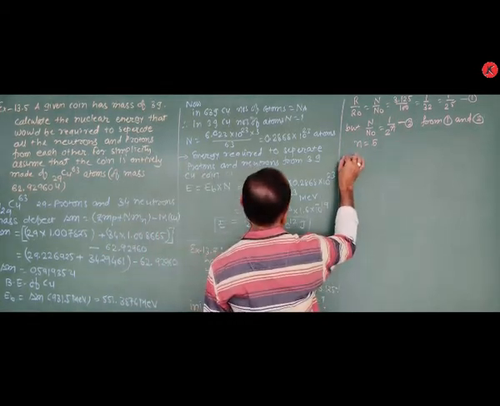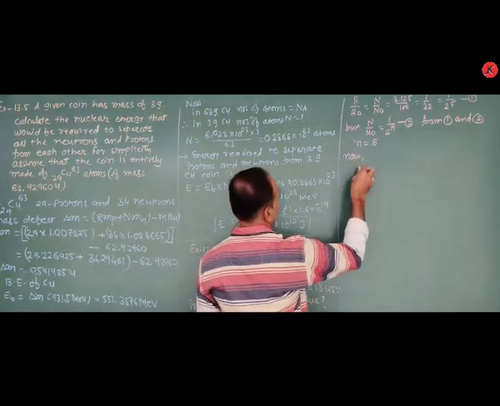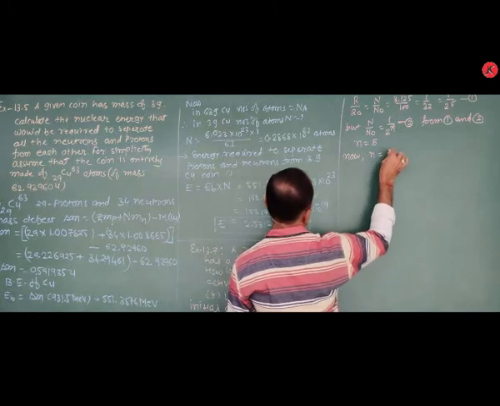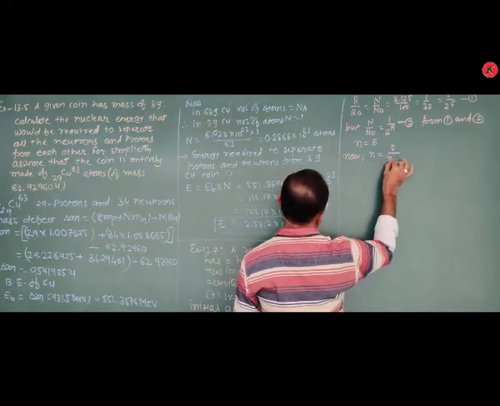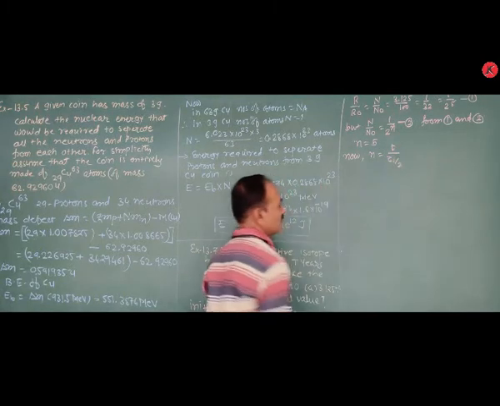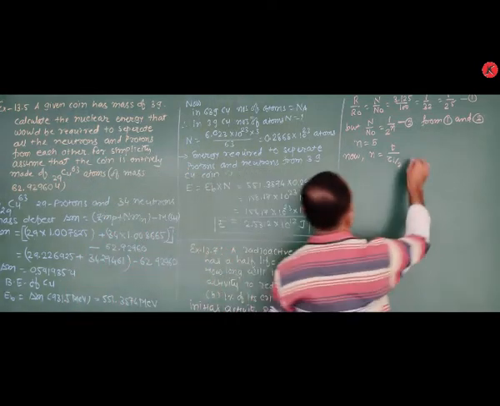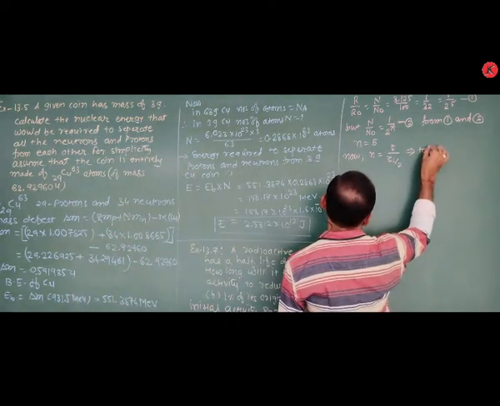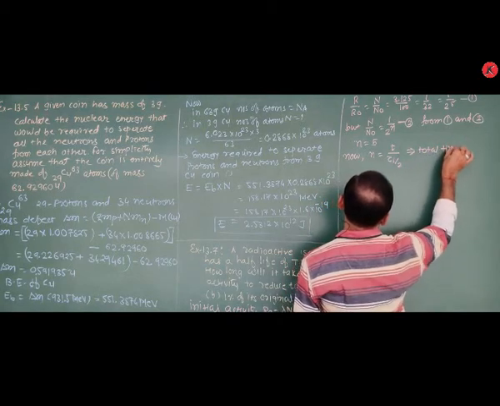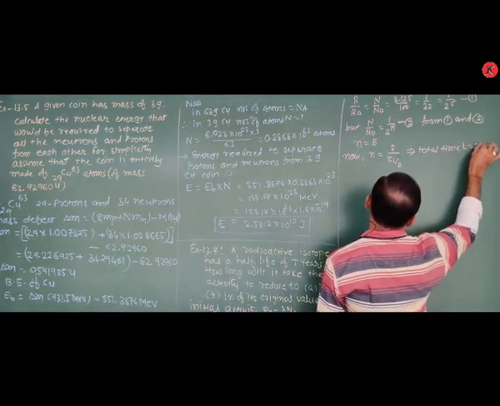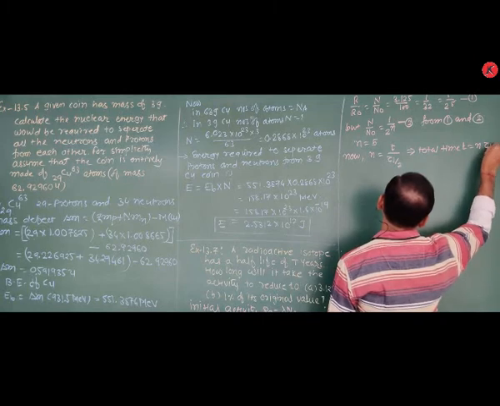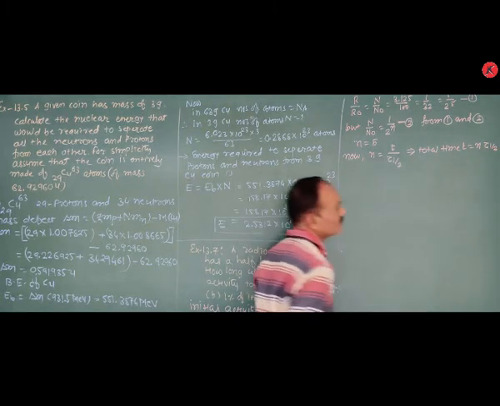Now, already we use this equation, n is equal to total time upon tau half. Therefore, total time t is equal to n times tau half.